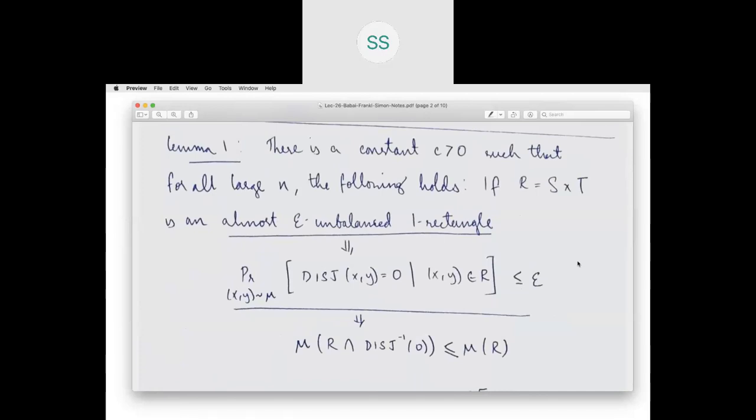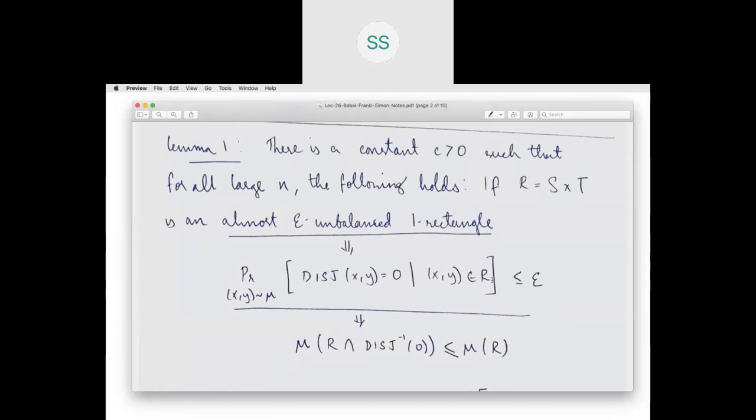if R is a one rectangle, which means the protocol is going to declare one, and suppose we pick an entry of R, given that the entry we pick is within R, what is the probability that this entry corresponds to a zero entry, right?